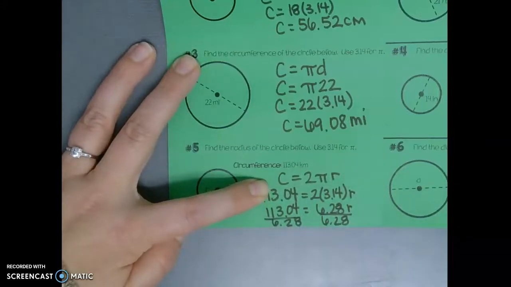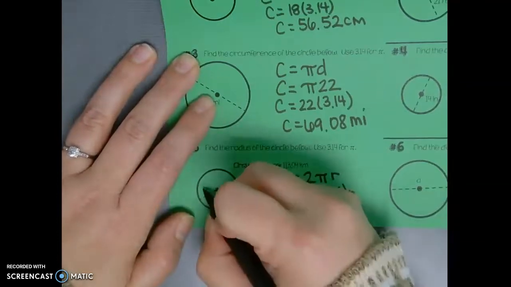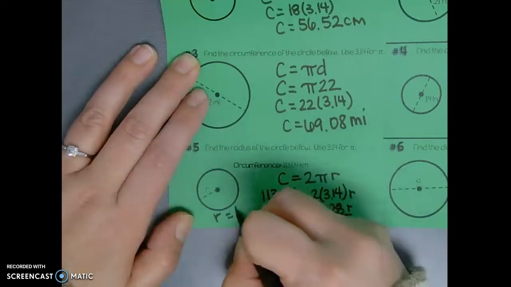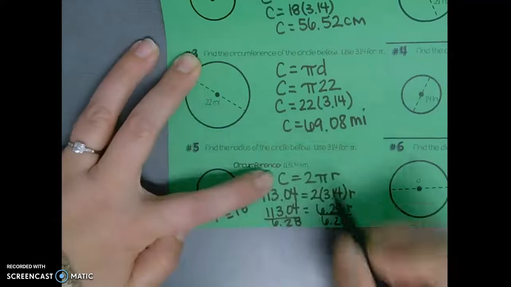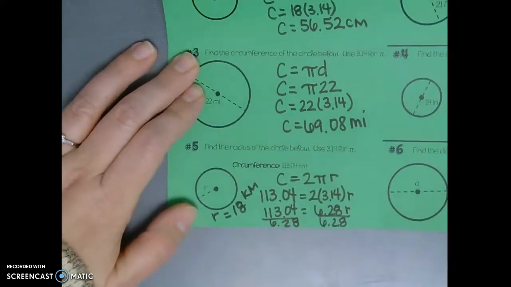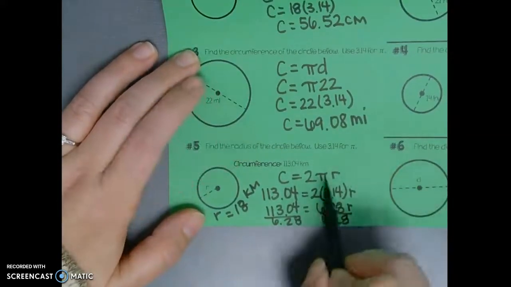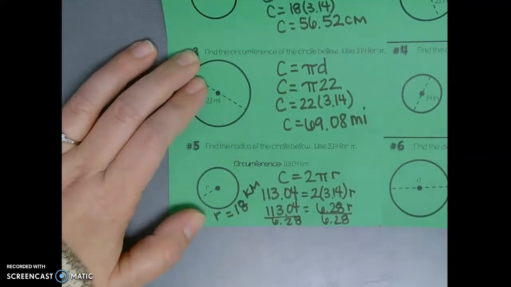Okay, and our radius should be 18. So we have a radius that is equal to 18 kilometers. And I know it's kilometers because I went back and looked at that circumference. Okay, so this time we were solving for the radius.